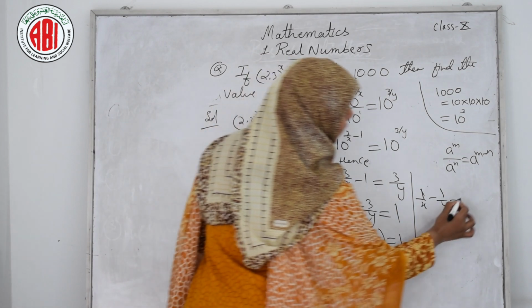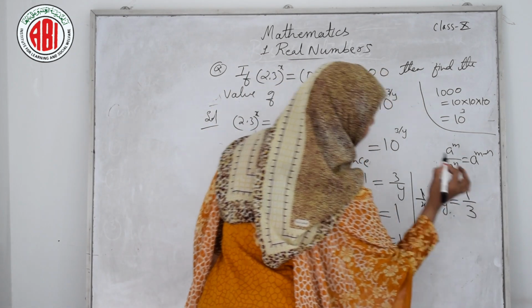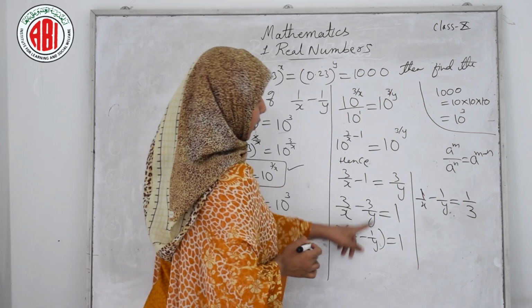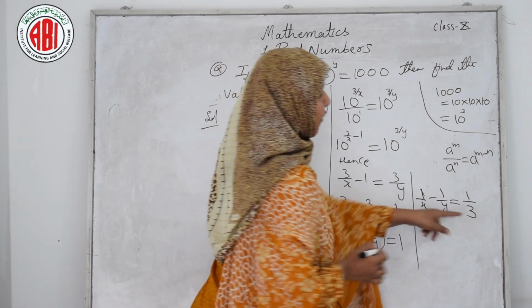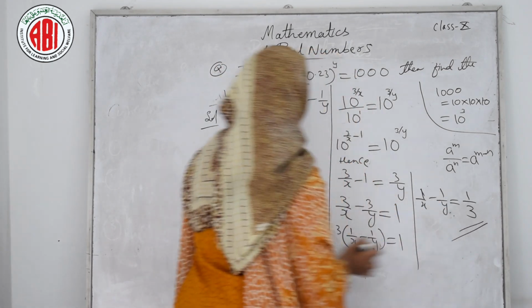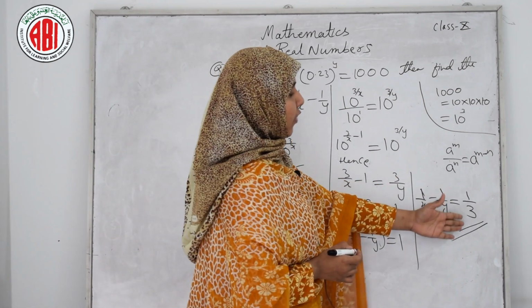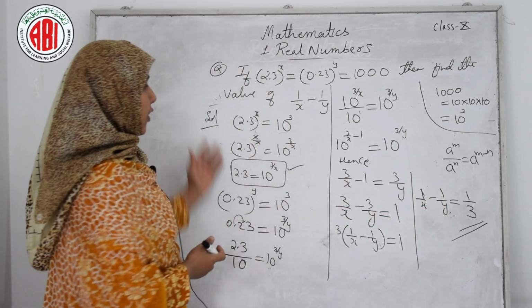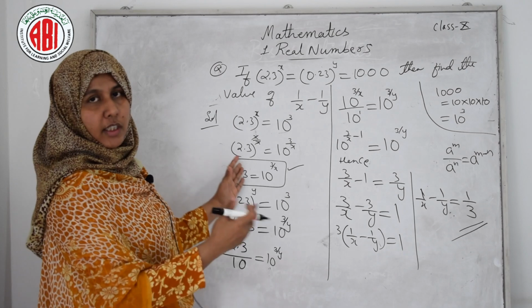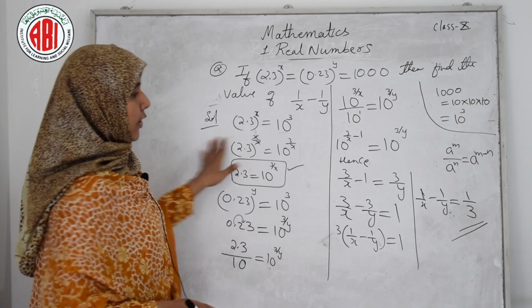Where will it go? It will go in the denominator. So 1 by x minus 1 by y is equal to 1 by 3. So the value of 1 by x minus 1 by y is nothing but 1 by 3 using these steps. You have to remember all these steps. Okay, so that is the answer.